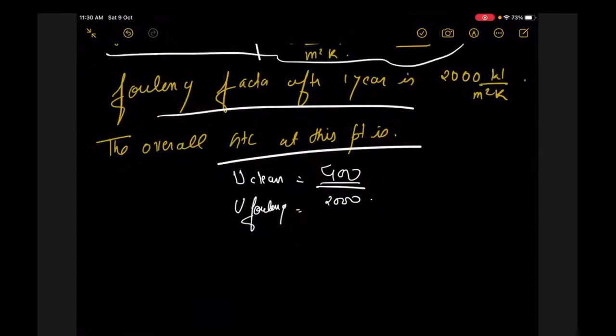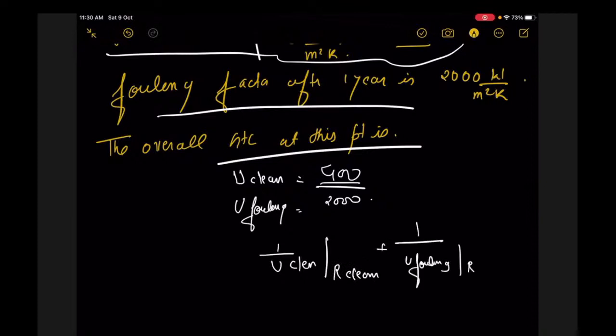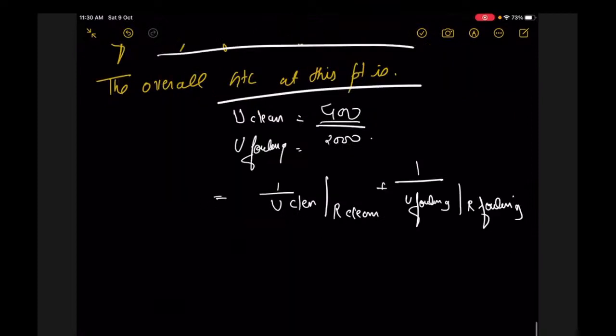So what they have asked is the overall heat transfer coefficient at this point. So if I write 1 by U clean, it is the resistance by the clean heat exchanger, plus 1 by U fouling, it is the resistance due to fouling. So they have asked overall heat transfer coefficient. So first we will calculate the overall resistance, means resistance by this 1 plus resistance by this 2. So 1 by U is the resistance, we know.